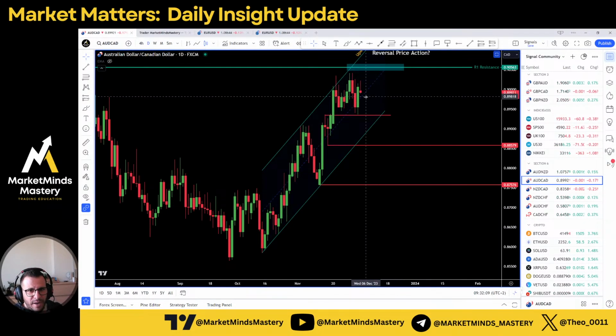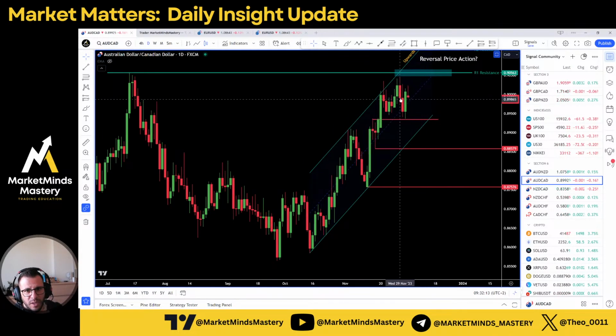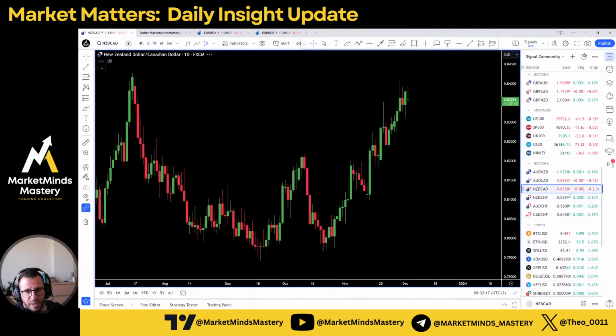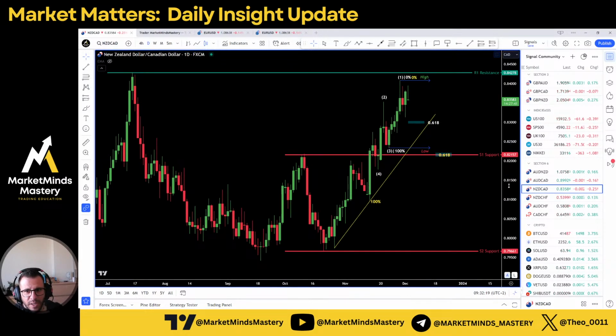But again, from this point, I don't have any plan to get involved with this market because of the market conditions. The Kiwi against the Canadian dollar, it's in an uptrend.